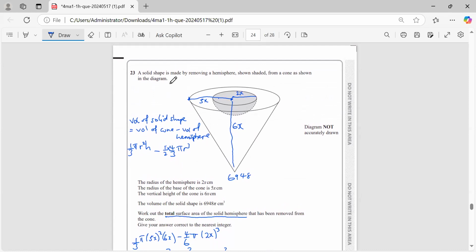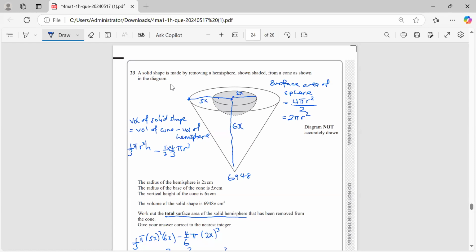So the first thing that we know is the surface area of a sphere, right? Surface area of a sphere is 4 pi r squared. But this is not a full sphere, it's half a sphere. So we divide this by 2 and come up with 2 pi r squared.